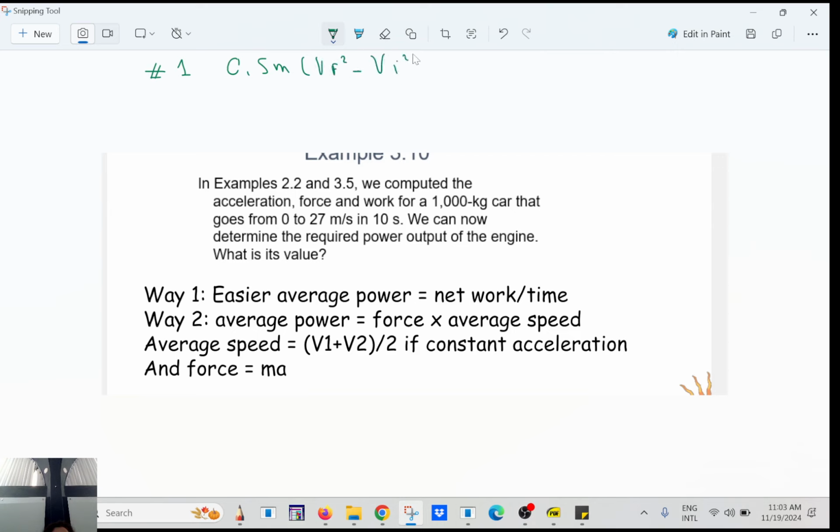So the net work equals the change in kinetic energy, that's it. And then the average power is by definition the net work over the time. So that will be the change in kinetic energy over the time.